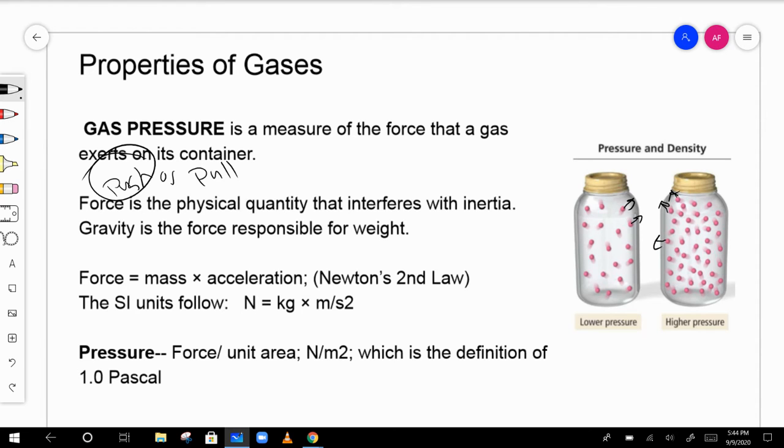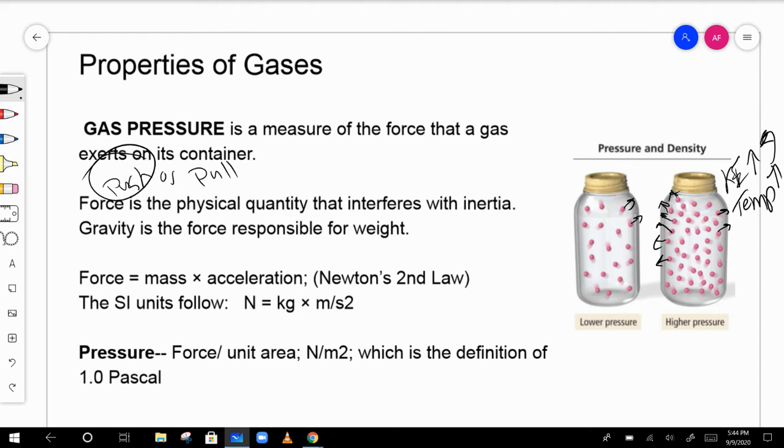We can get more pressure by putting more gas in there, right? More gas particles means more particles pushing, or we could have each of those gas particles have more energy, or more kinetic energy. Kinetic energy is related to temperature. So as temperature goes up, kinetic energy goes up.